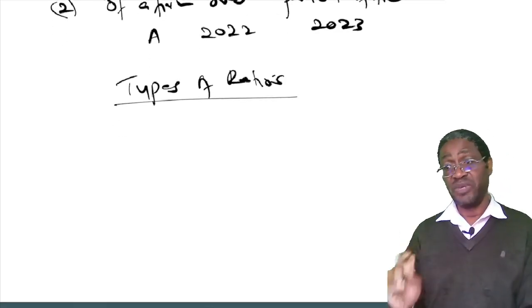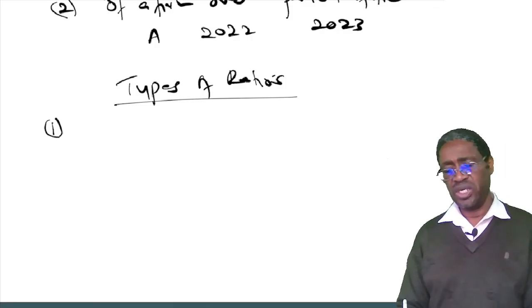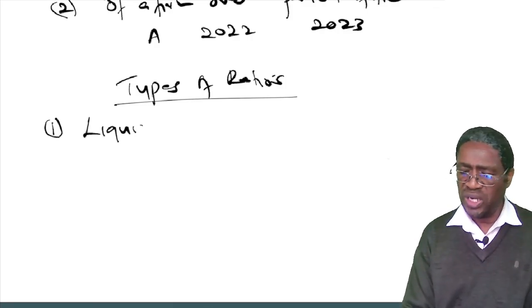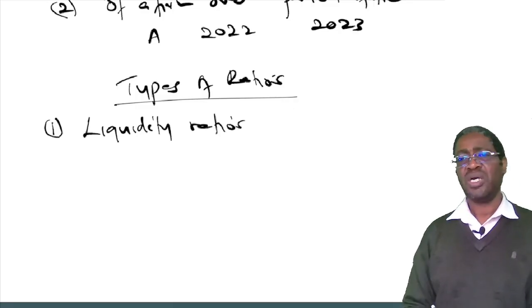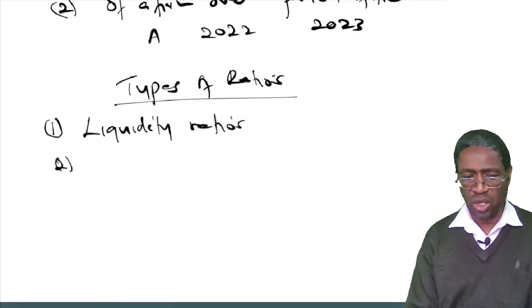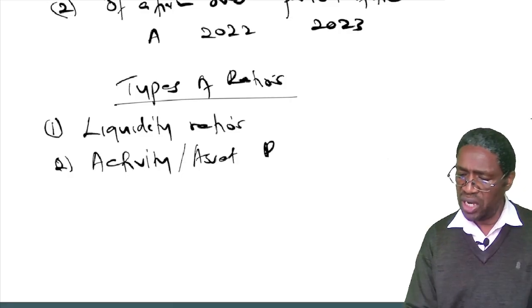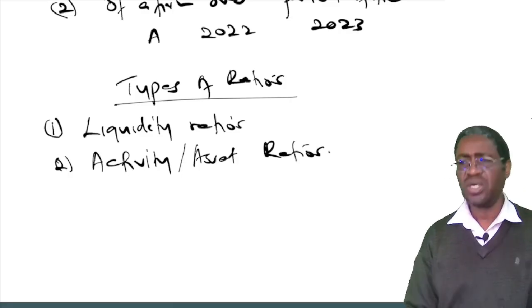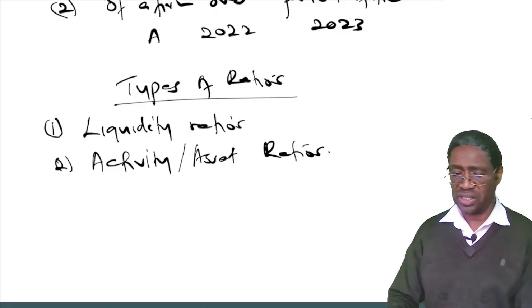Okay, let me introduce them. One category of ratios is what we call liquidity ratios. Another category is what we call activity or asset ratios. Some books call them efficiency ratios. We shall discuss them in detail.